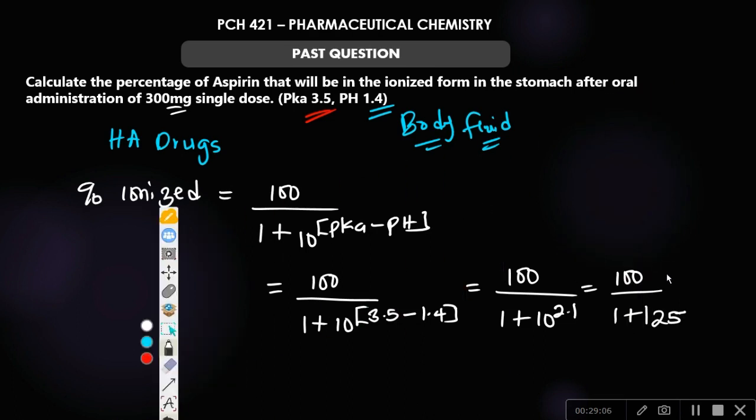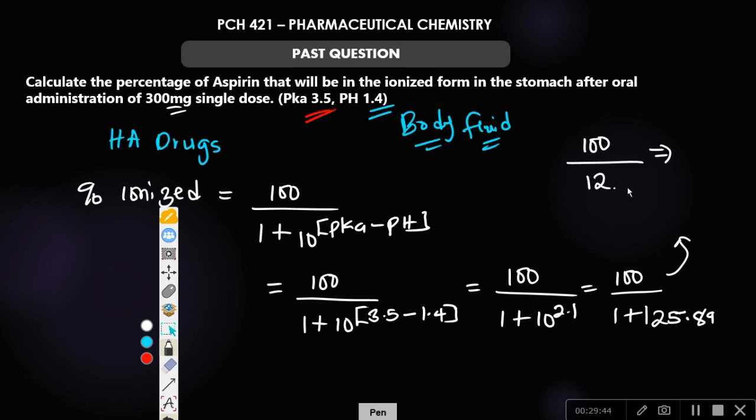Now, at the end of the day, if we take this one to this side, it becomes 100 divided by 125 plus 1, which gives us 126. So this will be 100 divided by 126. Okay, this is not just 125, there is a fraction. 10 to the power of 2.1 is 125.89.